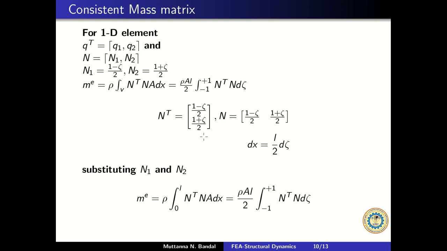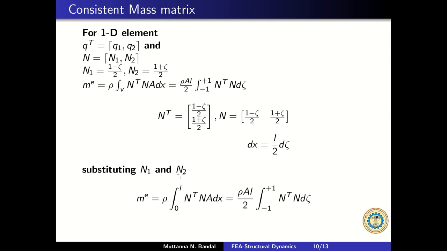Now I can multiply these easily because this is 2 into 1 order and this is 1 into 2 order. So I'm satisfying the matrix multiplication condition, and I will get a 2 by 2 matrix after I multiply. So now you are clear with why we have taken n transpose.